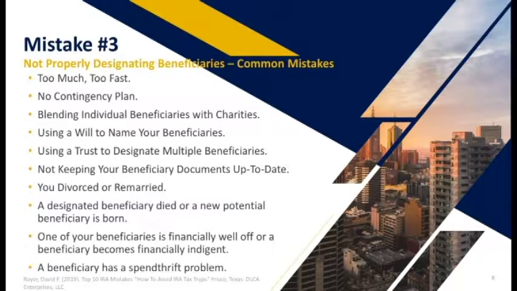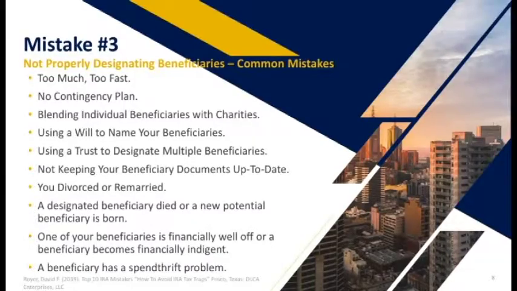Now, not keeping your beneficiary documents up to date. This is a common mistake, and that is why each and every year for our clients, we have an annual review. What can happen is, suppose there was a divorce, or one of our clients has remarried. Now, there's a surge in blended families. Suppose the IRA owner is divorced, marries again, and had designated the beneficiaries with the first spouse.